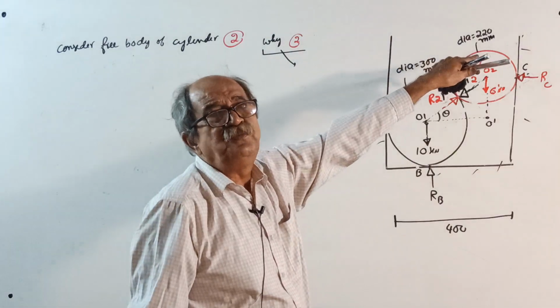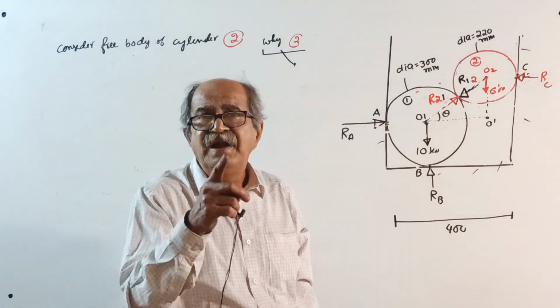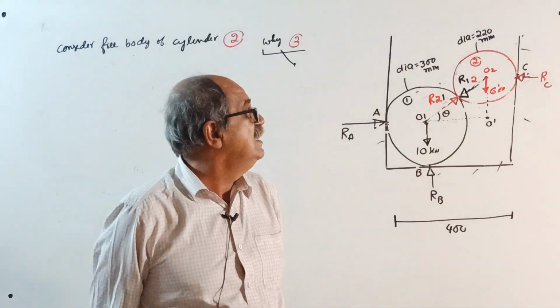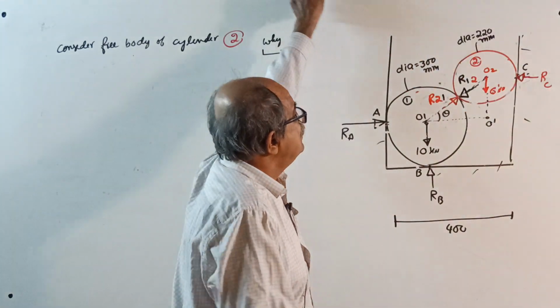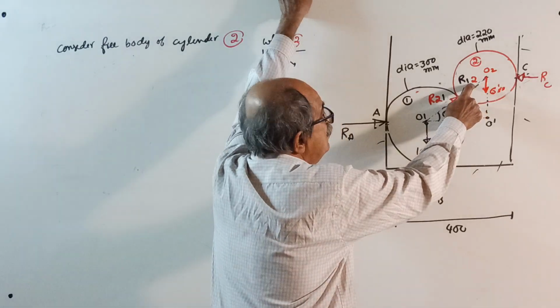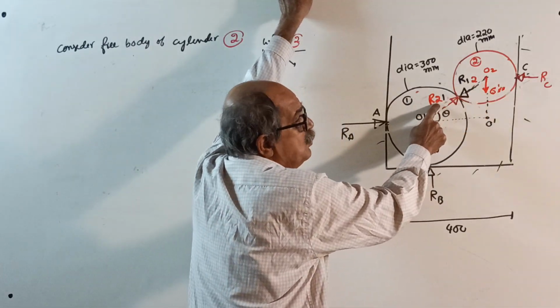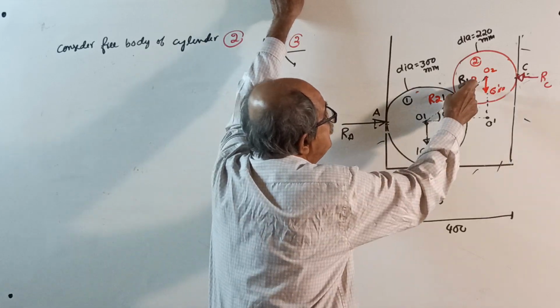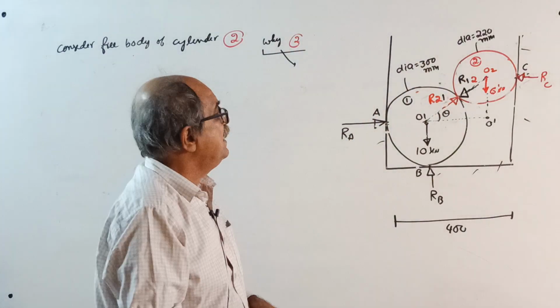So consider that cylinder for which the number of unknowns is lesser. Once you solve this cylinder, you will know the value of R21, and R21 equals R12. Then when you come to cylinder 1, this is known. So that is the reason.